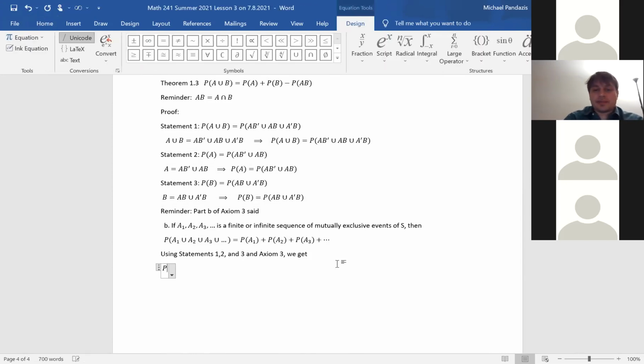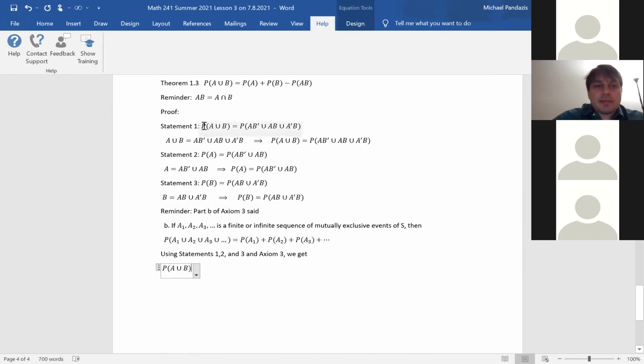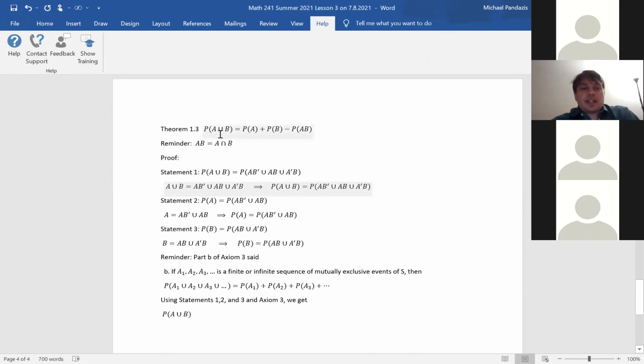So first we start with P of A union B. Remember, the goal is to show that P of A union B is equal to P of A plus P of B minus P of A intersection B, right? This equation. That's the goal.